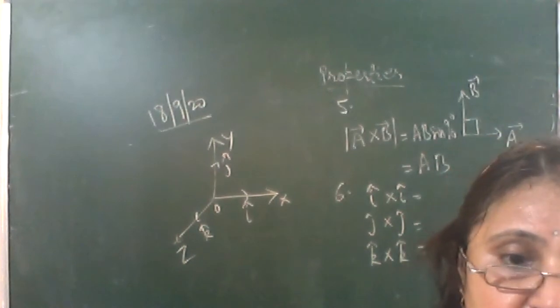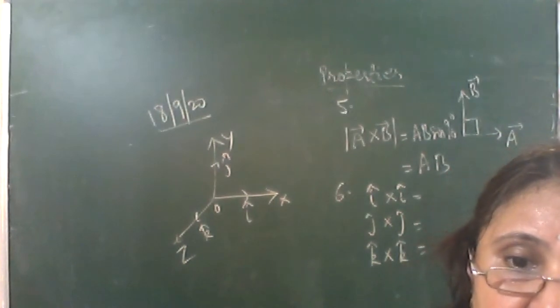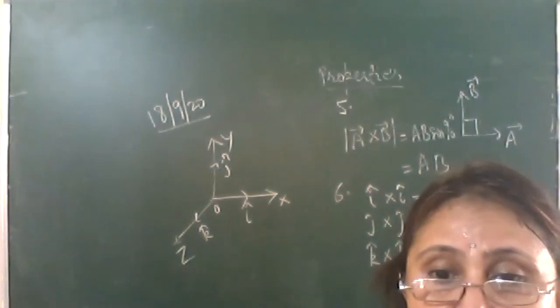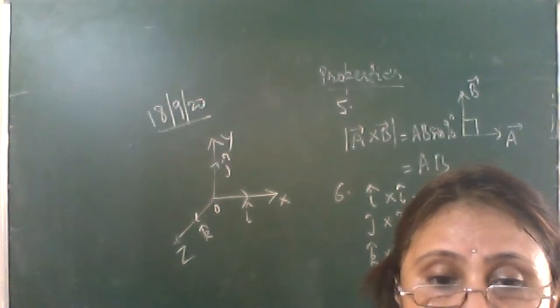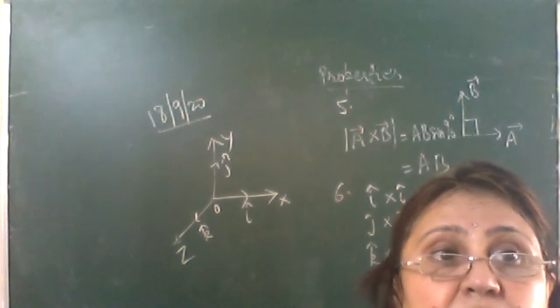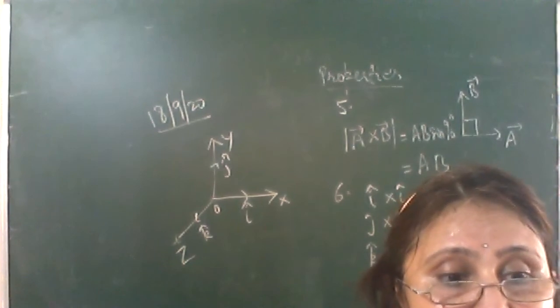What would be i cross i? Magnitude of i cap is 1. We have done the vector product of a vector with itself.